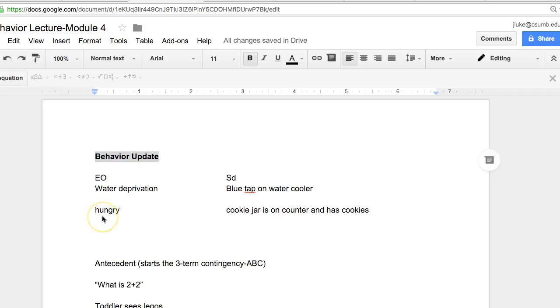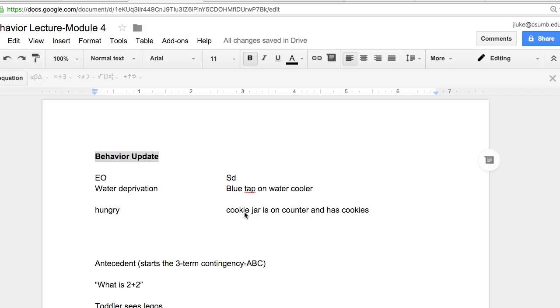Or you're hungry and the cookie jar is on the counter and has cookies. That right there, the SD signals that the possibility exists that you could get a cookie. So that's what the SD, the discriminative stimulus, does.